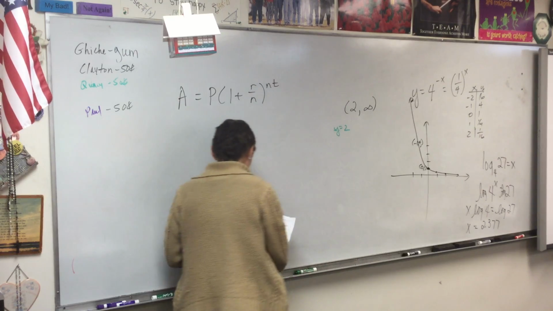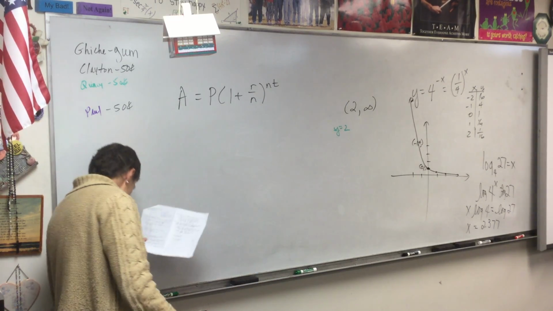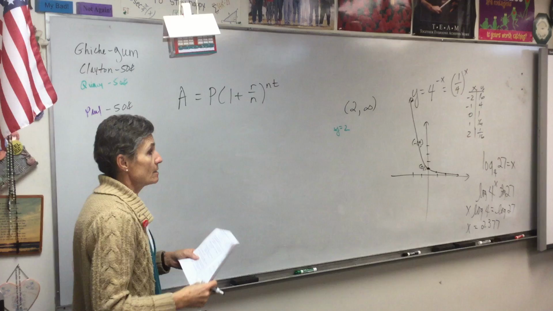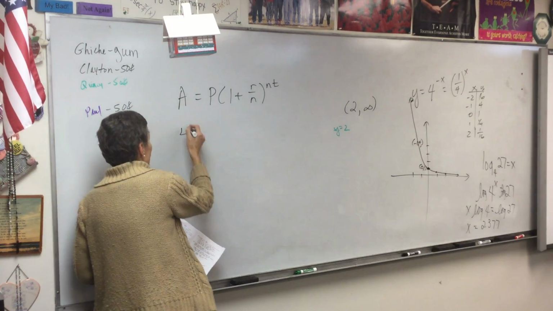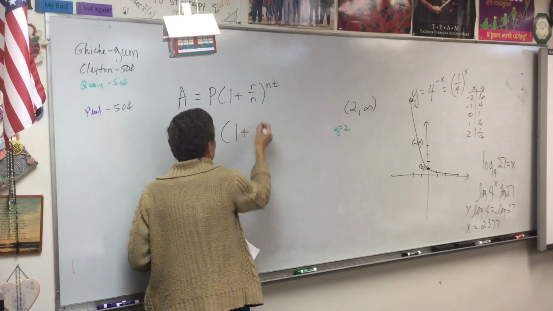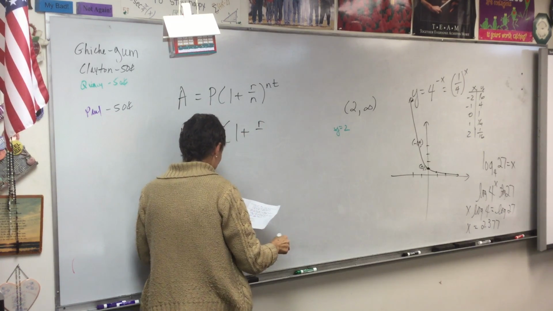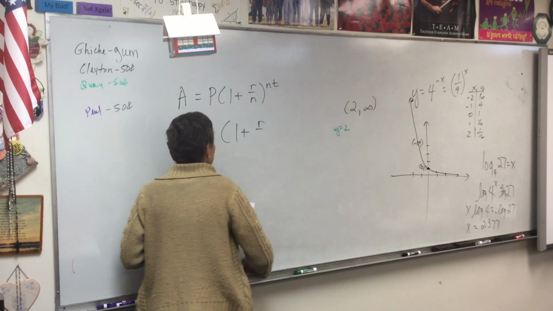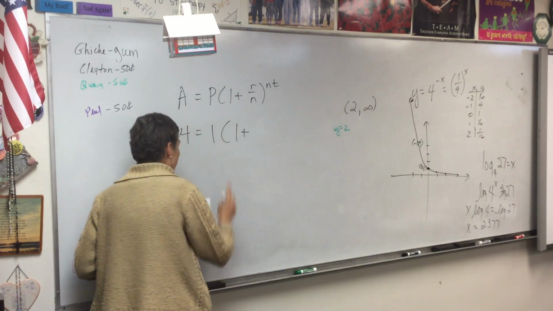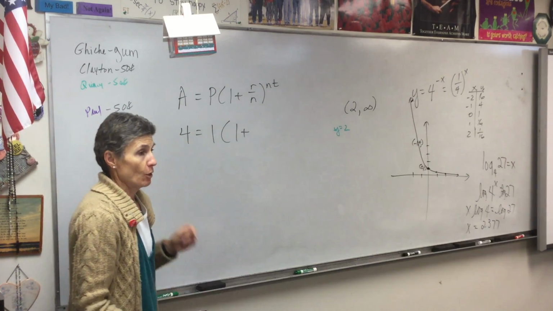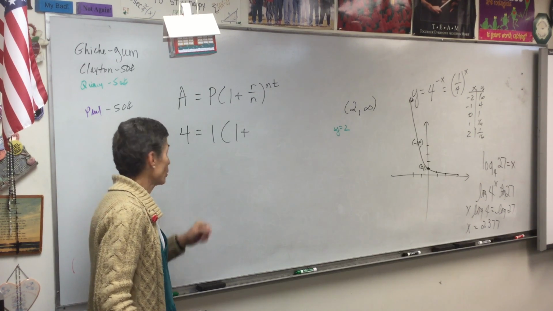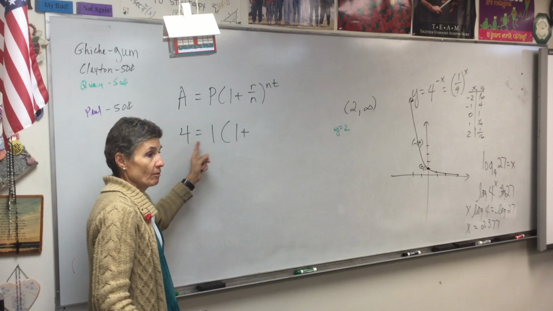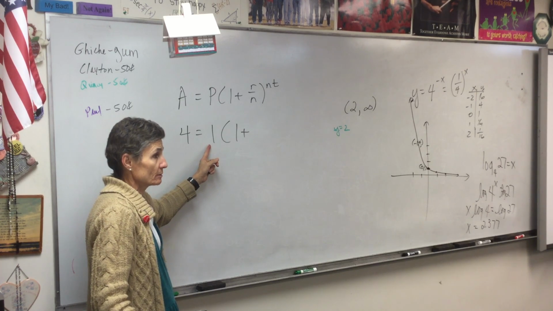All right, so what am I going to put in where? It says compounded quarterly. This is my compound interest formula. So what am I putting in where? 4 equals 1. Now, do I have to use 4 and 1? No. I can use anything I want as long as I'm ending up with 4 times what I started with.